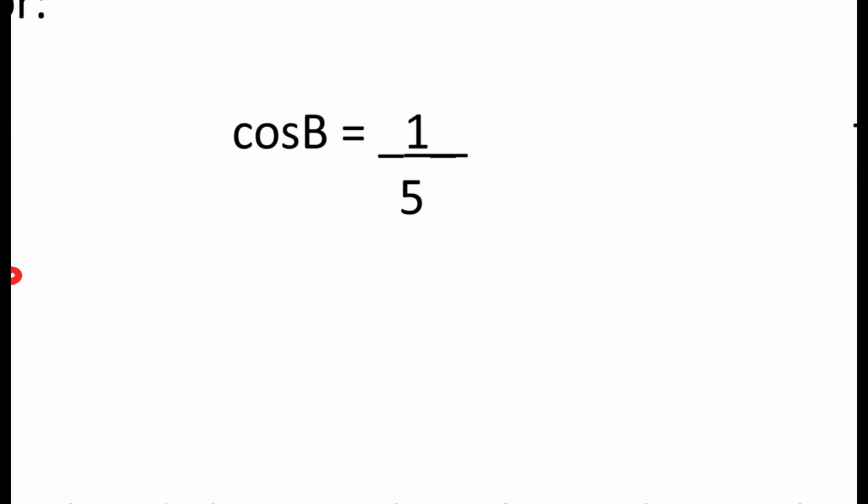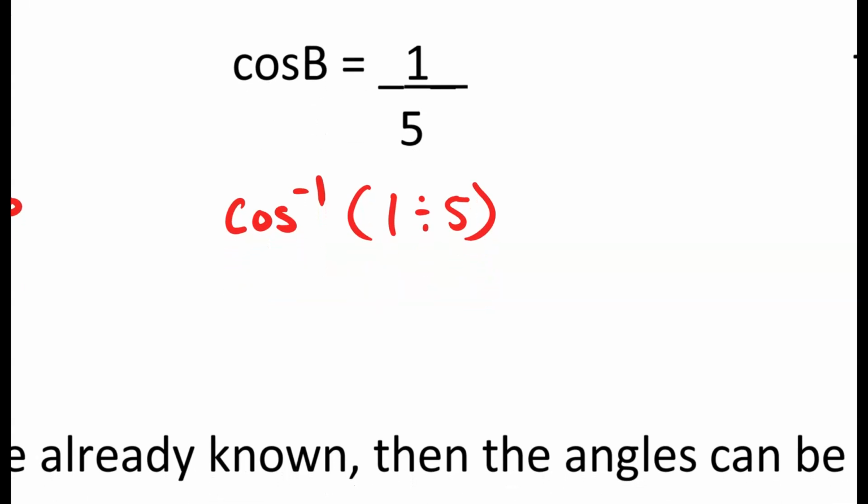Now if we move over to cos B and we have 1 over 5, we want to follow the same thing here. When you're using your calculator, you're pressing second function cos, which will give you cos -1. Then you want to do an open bracket, 1 divided by 5, close the bracket, or you could do 1 divided by 5 beforehand to get that decimal and then use that value.